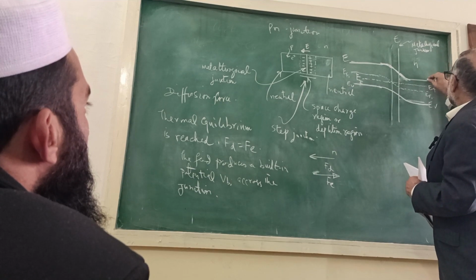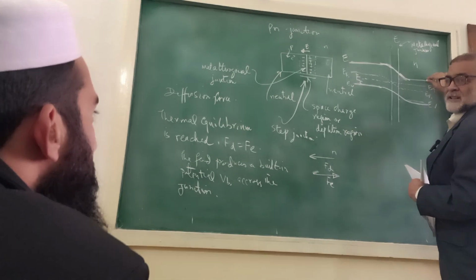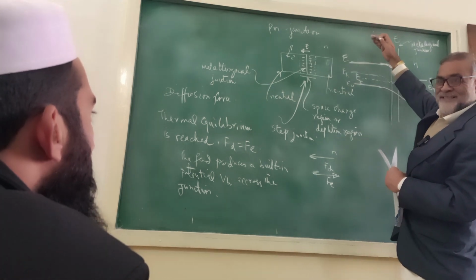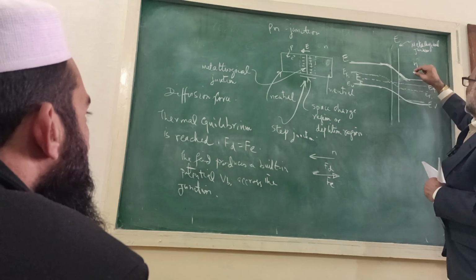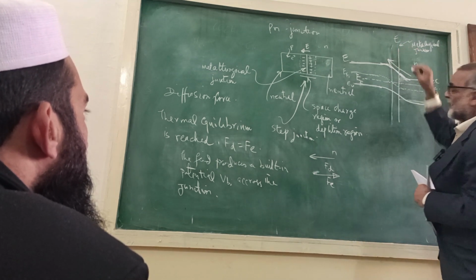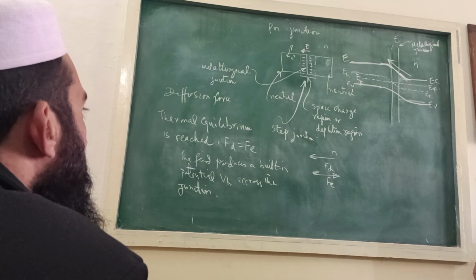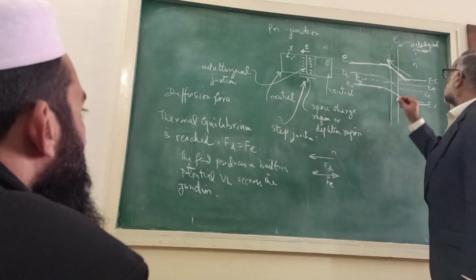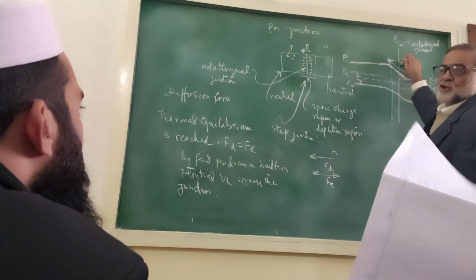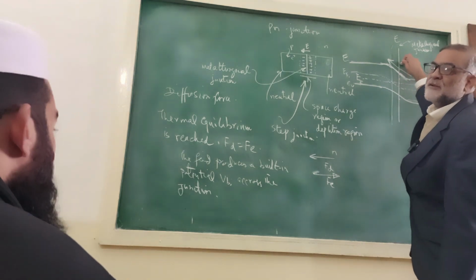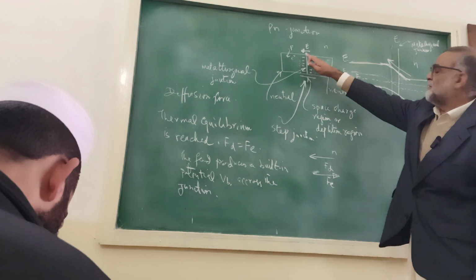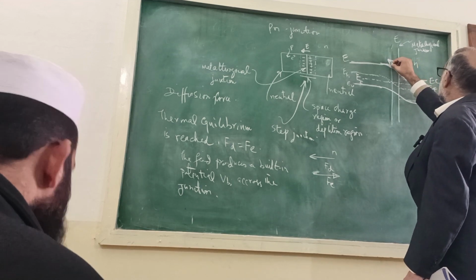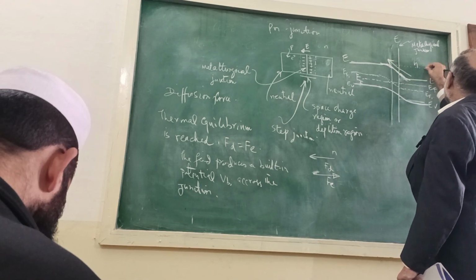Look, the electron energy is here now. When it has to move to this side, it has to go up a barrier. That is the potential barrier. It has to face a resistive force because of the electric field, which is in this direction, so there will be a decrease in its energy.